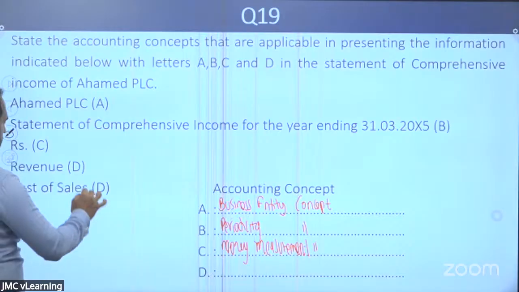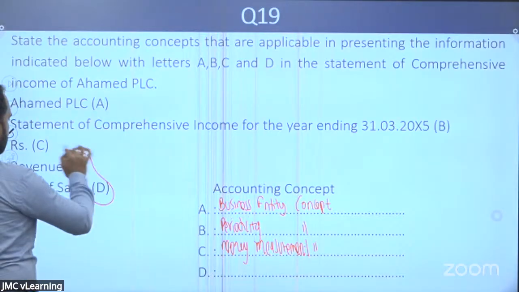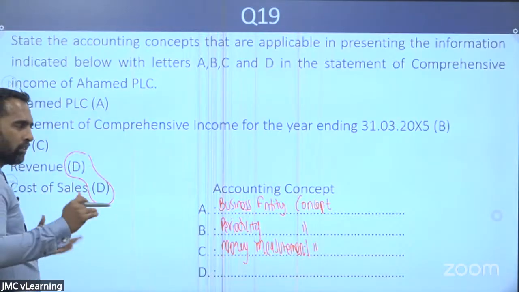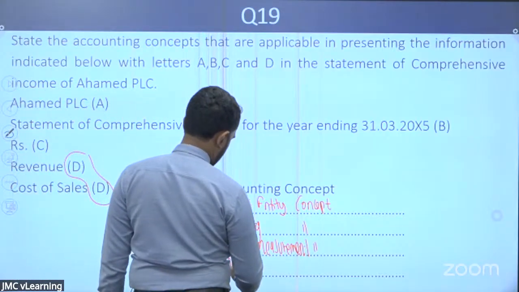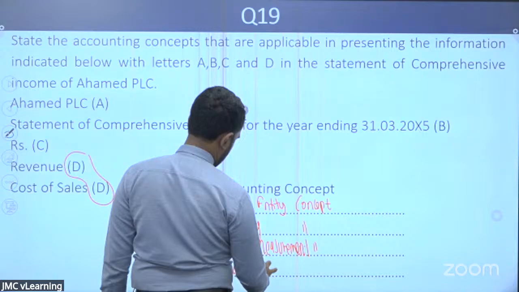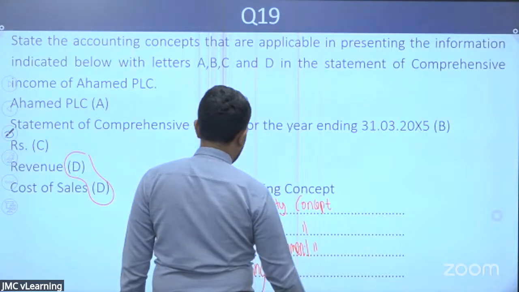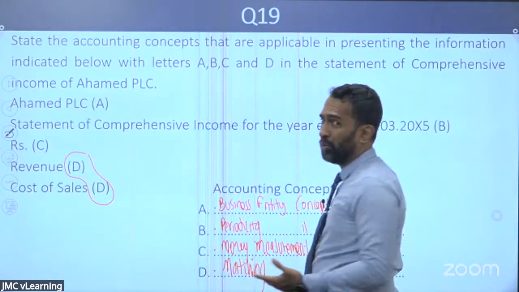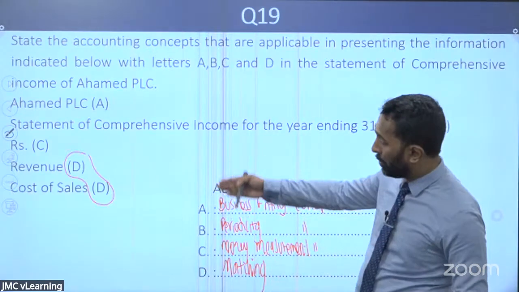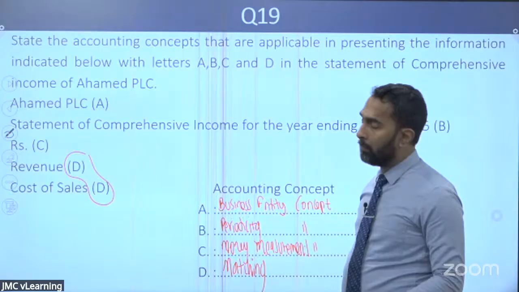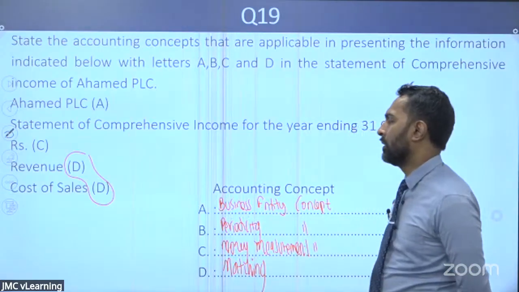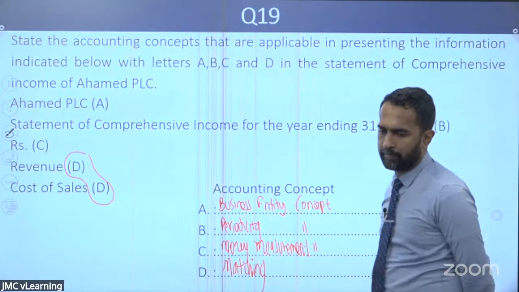Then they have put two D's for revenue and the cost of sale. Revenue and cost of sale comparison comes with the matching concept. Some might think, okay, for revenue it should be realization, but here you have two D's, no? Revenue and the cost of sale. That comparison is coming from the matching concept.